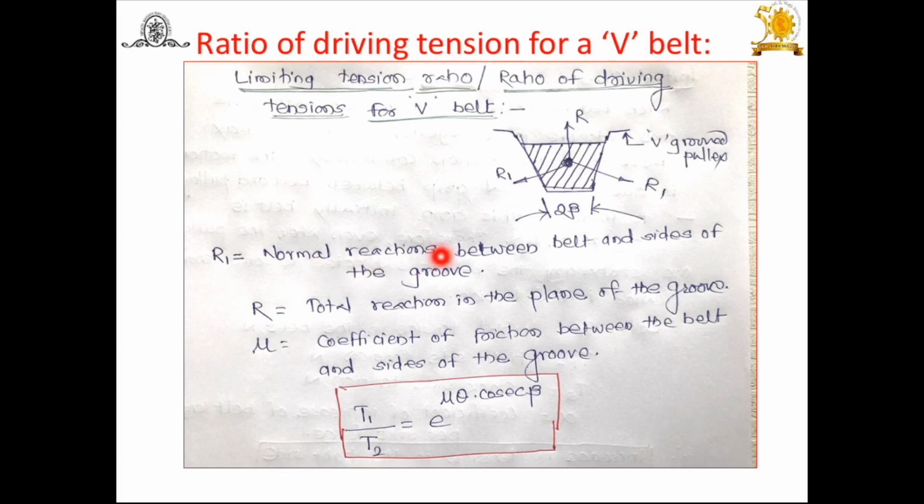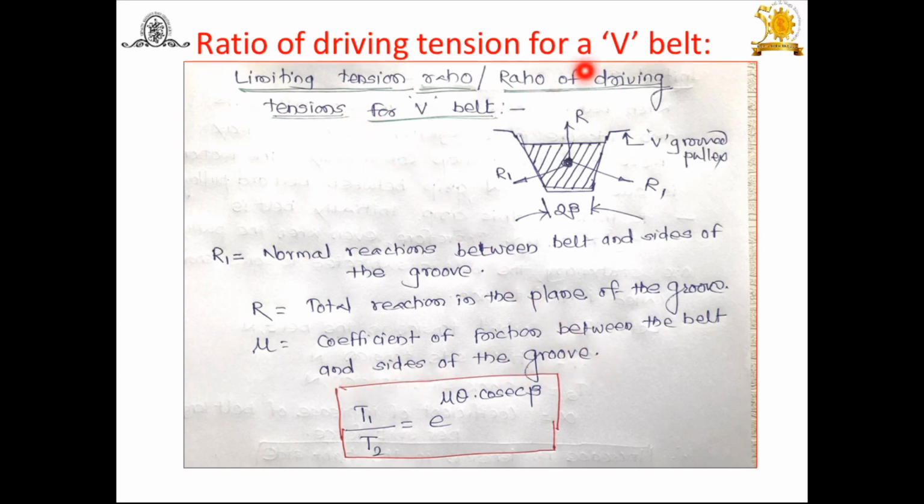Here R1 is the normal reaction between the belt and the sides of the groove, on both sides. R is the total reaction in the plane of the groove, and mu is the coefficient of friction between the belt and the sides of the groove.